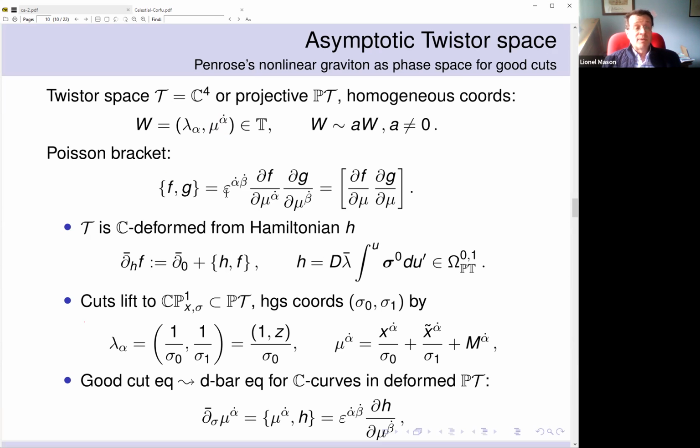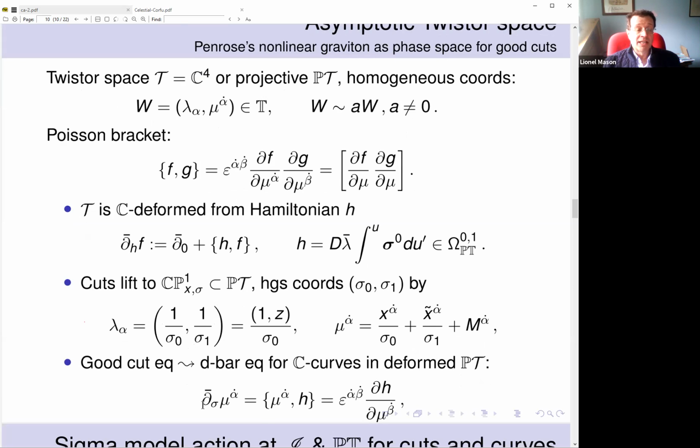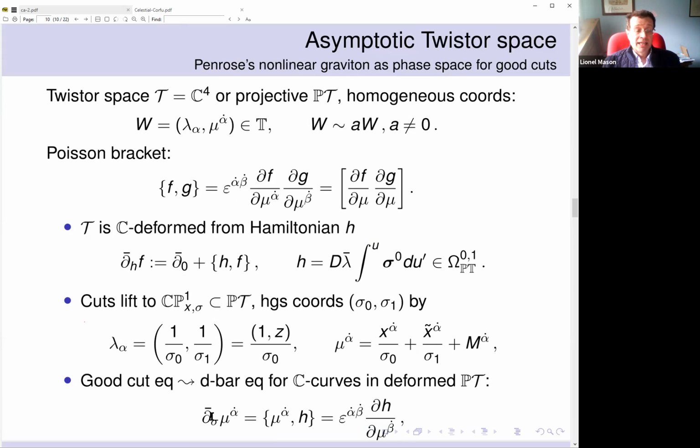And if you're not thinking of it with split signature, then the way that you think about the good-cut equation, sorry, if I go down here, the good-cut equation now is a first-order equation on these mu's. And it's a Hamiltonian sort of equation because we're going to a kind of phase-space version of the story, where this h here is just an integral of the asymptotic shear.